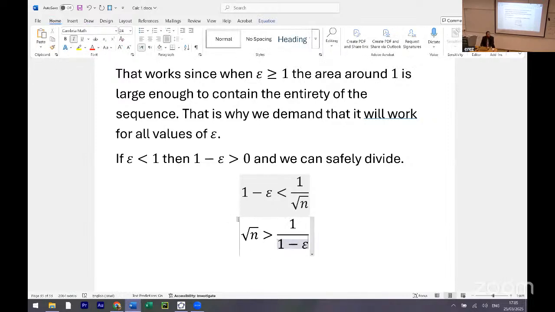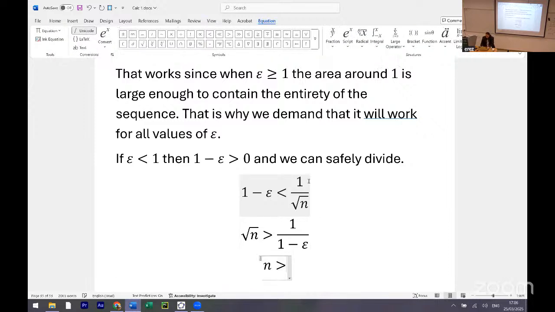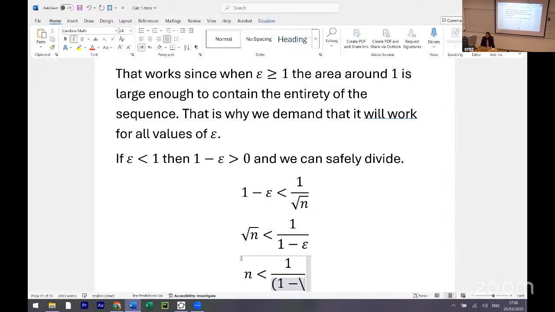Because both sides are positive, we can square them. Because when I multiply by square root of n, it goes to the left side, the smaller side, so we need n to be smaller than (1/(1 minus epsilon)) squared.